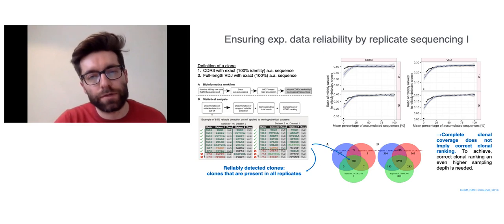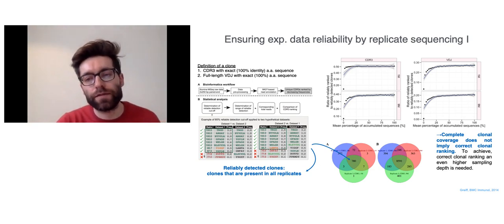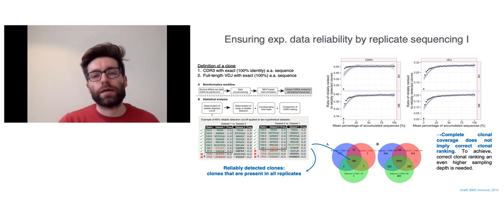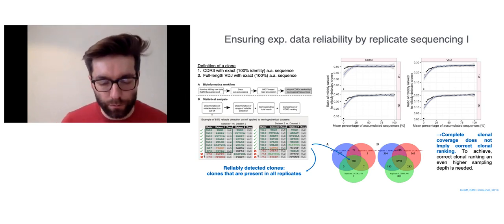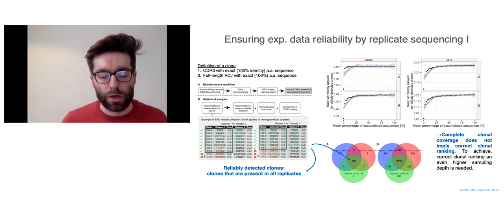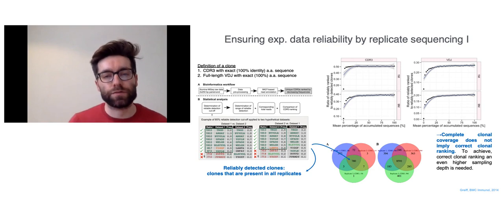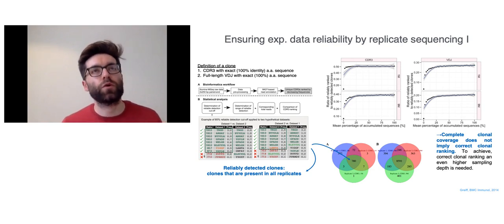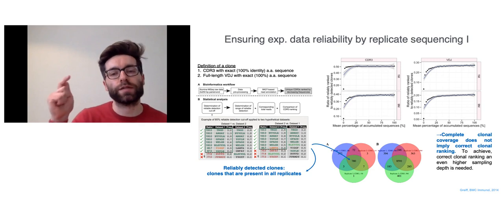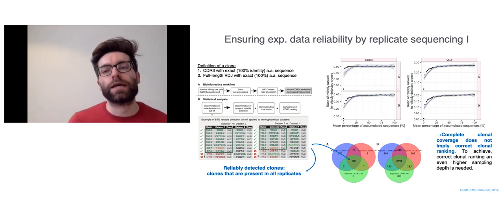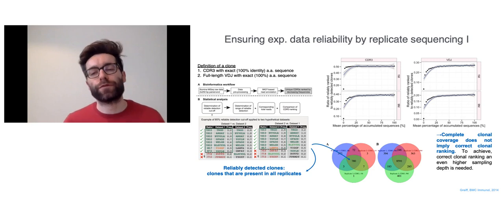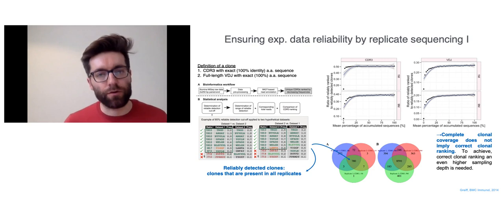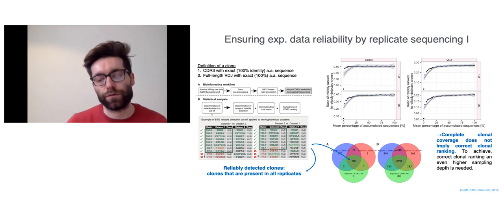I will not go into detail, but the more important thing is seen on the right, where we show that even if you get high clonal overlap between replicates, getting correct clonal ranking, meaning that you want clone 1 in sample 1 to also be clone 1 in sample 2 based on read frequency, requires even more sequencing reads, showing again how difficult it is to get really high reliability of your data.